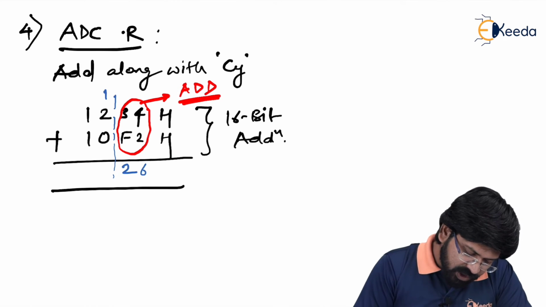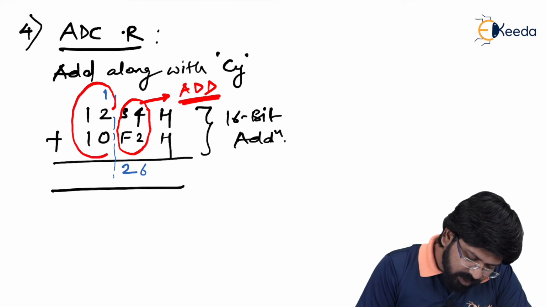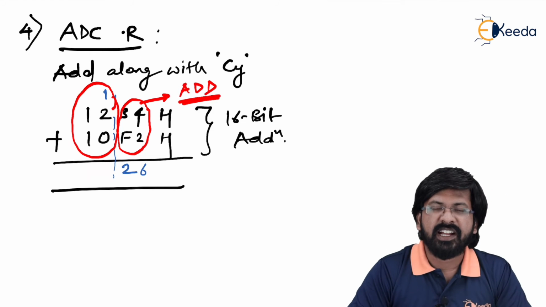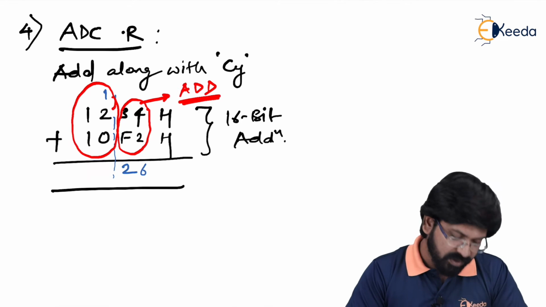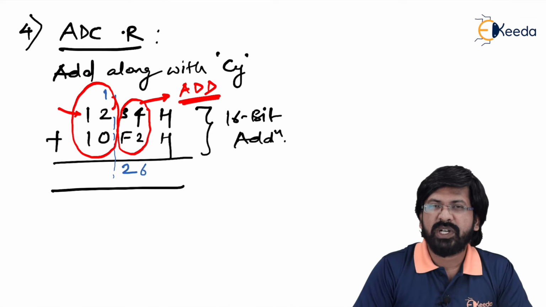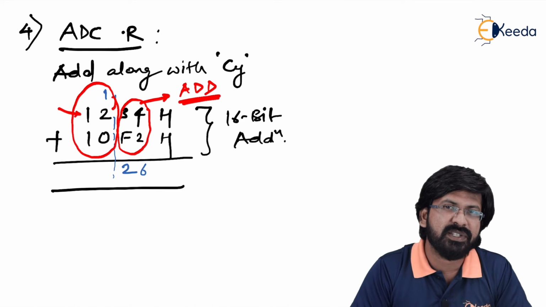But here you don't have to add only 12 and 10, you have to add logically 3 numbers, where 12 is the first number, 10 is the second number, and the third one is the carry generated by the previous stage. And to do this, the ADD instruction is not going to work, because the ADD instruction does not take care of the carry flag, or of a carry generated by the previous stage.